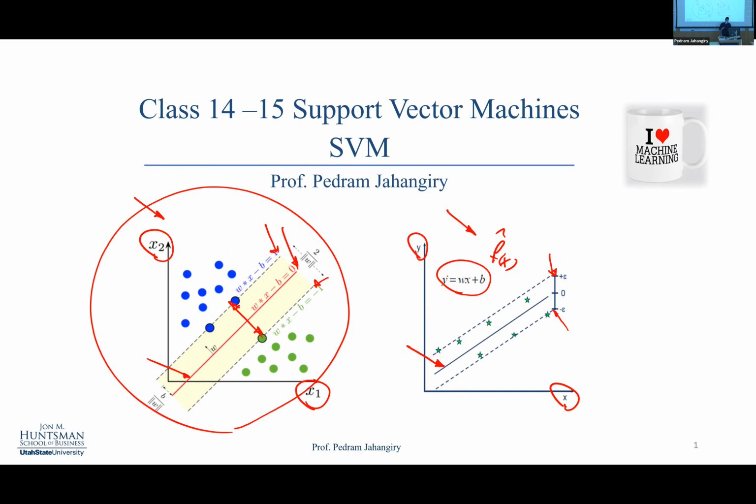In regression, the goal is to find this hyperplane such that the majority of the observations in the train set are within this margin, and this margin is defined by epsilon. So epsilon is your tolerance level. You pass that tolerance level to the algorithm and say, okay, this is my tolerance level epsilon, now go ahead and find the hyperplane such that the majority of the observations are within the margin.